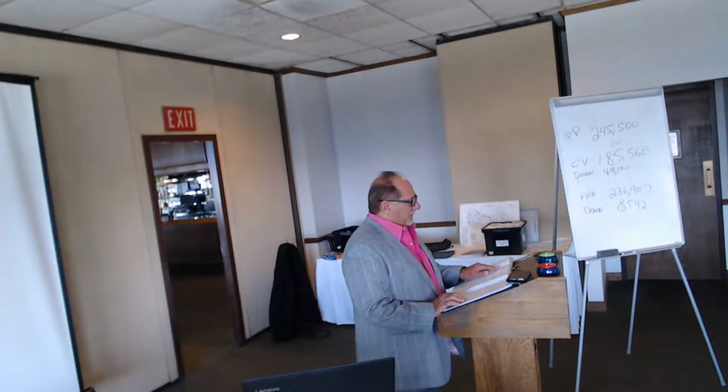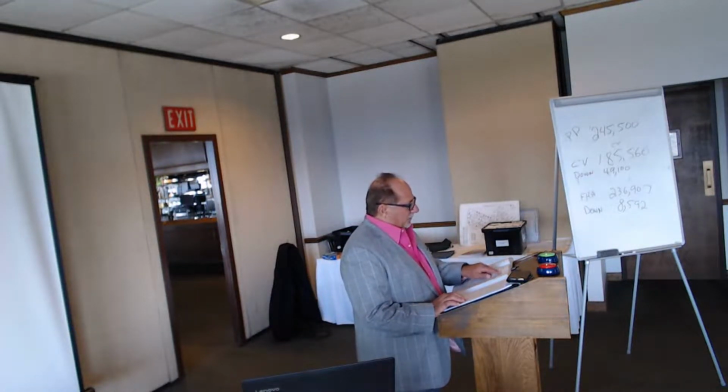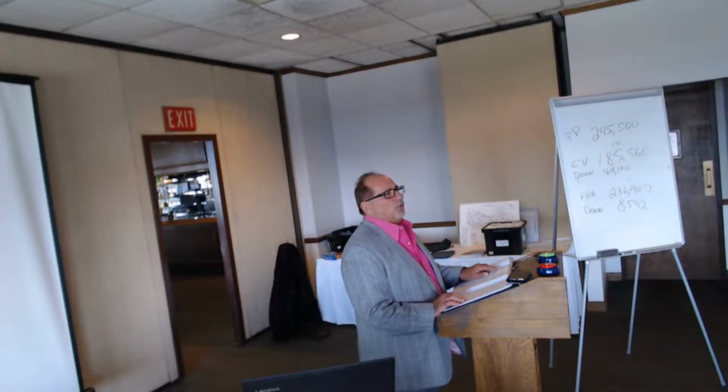So FHA loans are assumable, but if the loan was made after 1989, the person would have to qualify under the FHA and assume the loan, and you get taken off the hook. And that is a great tool.